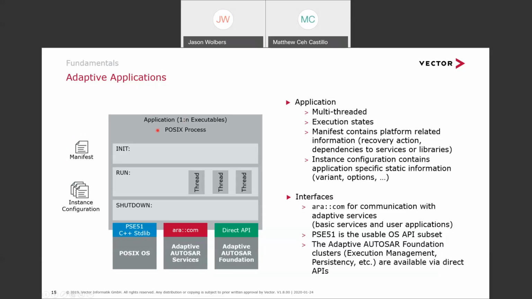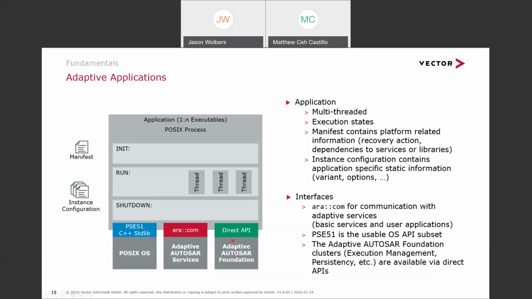Each adaptive application has three different interfaces that it's allowed to access. First, an adaptive application is allowed to access the OS directly through the PSC51 subset of interfaces. There's also the COM interface, which, as I mentioned, is more or less the equivalent of the RTE in Classic. So if it wants to exchange any kind of data with other ECUs or with other processes running on this ECU, it can use these COM interfaces.